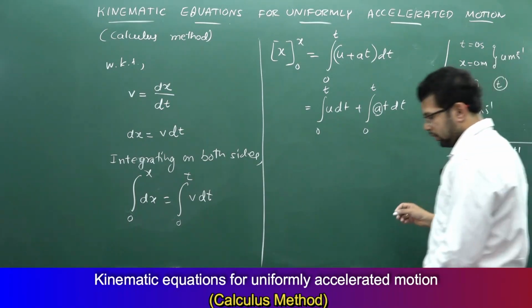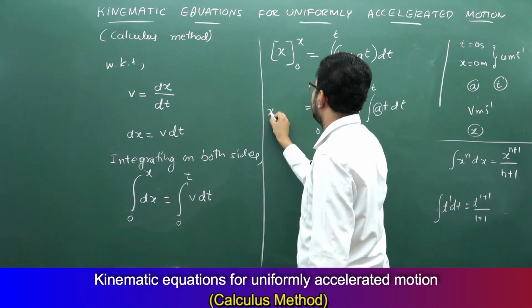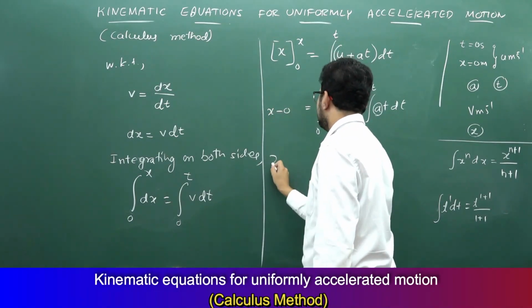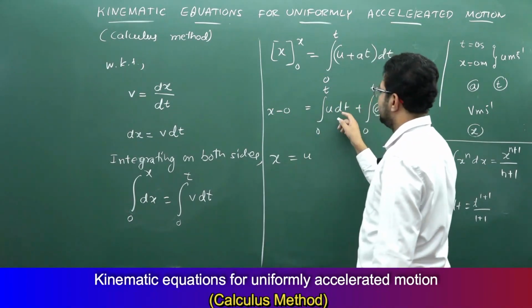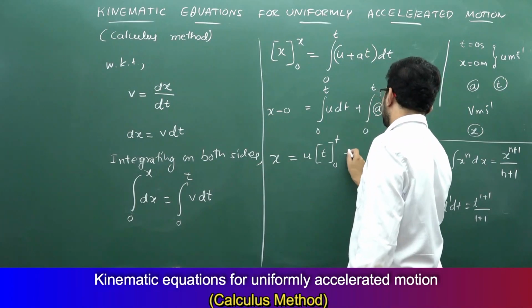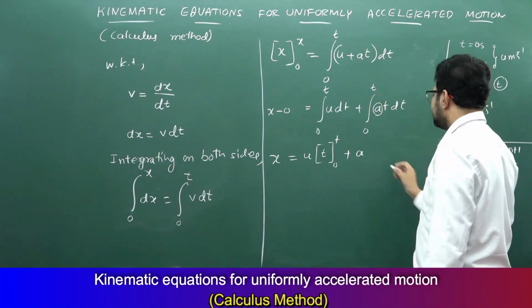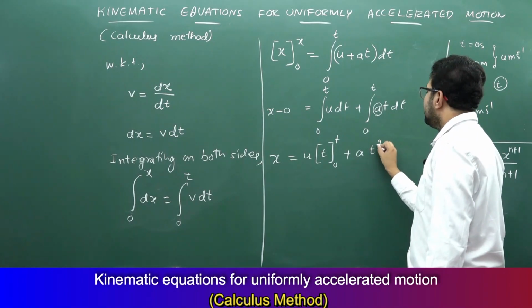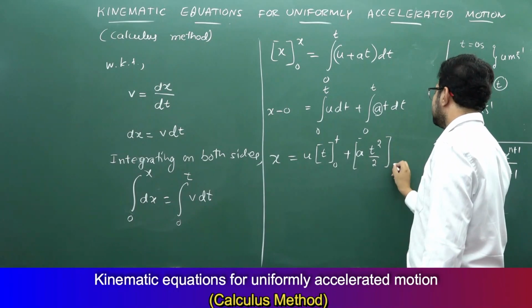So, here in LHS I have x minus 0, which is x, equal to u into integration of dt, which is t between the limits 0 and t, plus a outside, integration of t with respect to t, which is t square by 2, between the limits 0 and t.